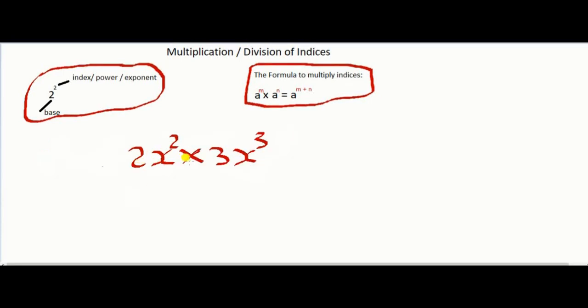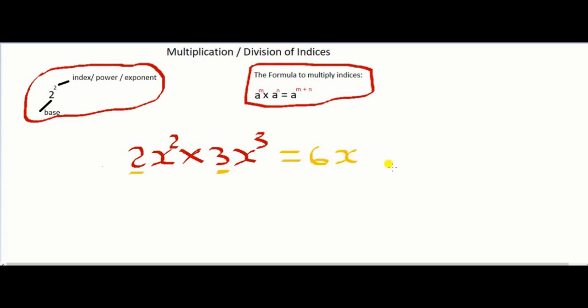2x squared times 3x cubed. What you need to do here is to multiply the bases, because the bases are different. So multiply the bases: 2 times 3 would give us 6, and not just 6, it would give us 6x.